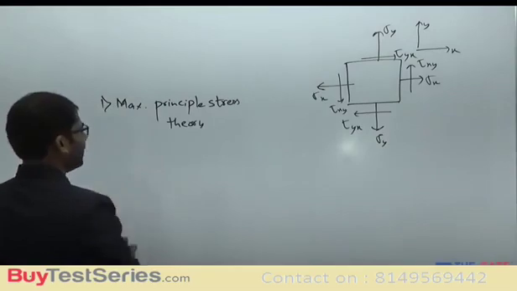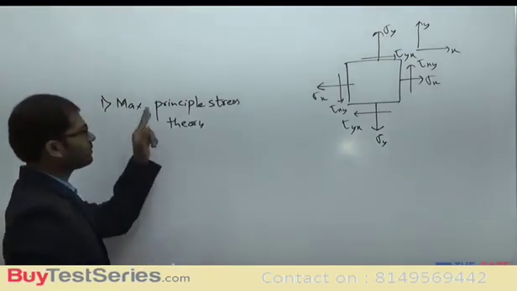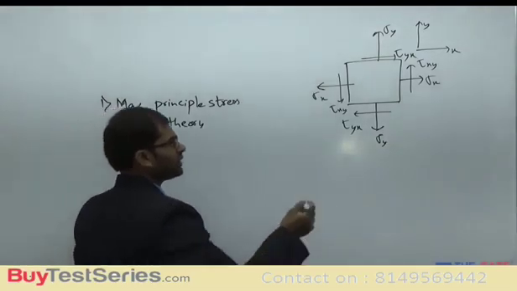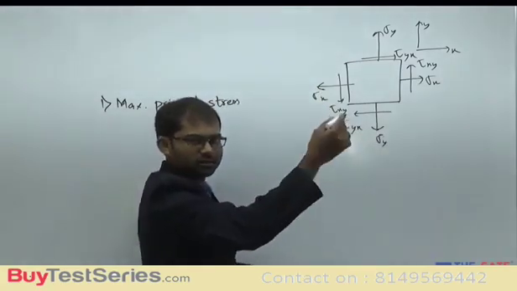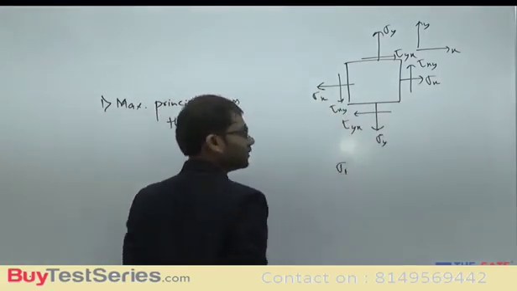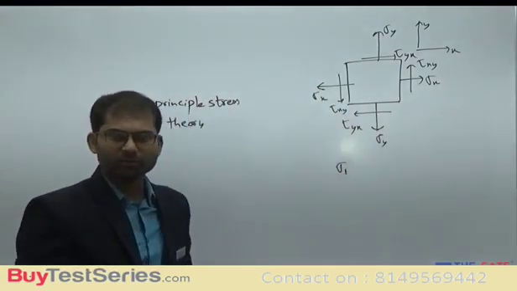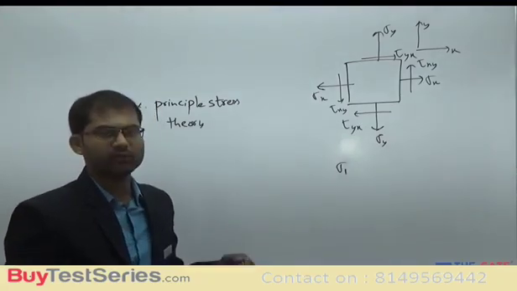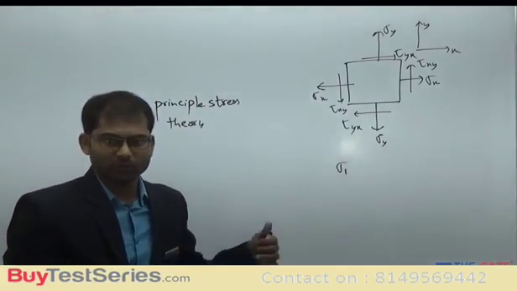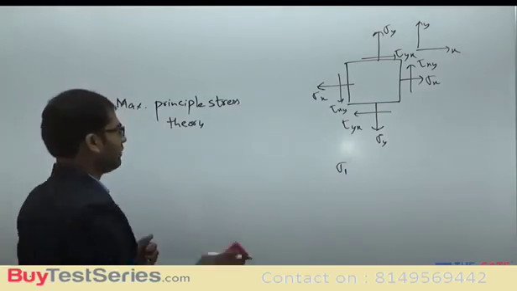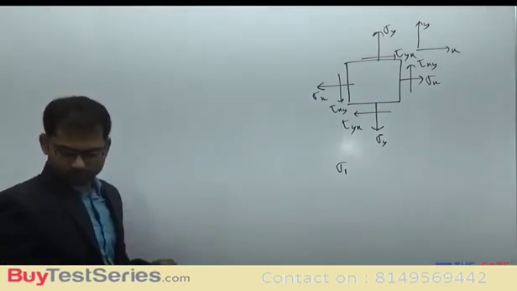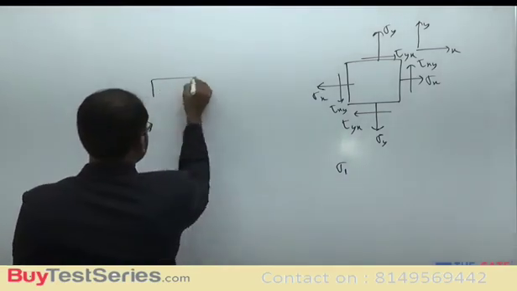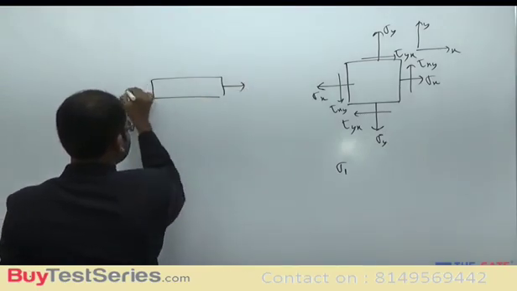In this one, the parameter is maximum principal stress. So for this loading case, based upon my strength of materials concepts, I will find out the principal stress for this loading case here. Whatever our loading case is, we can easily evaluate the value of sigma 1. Once you get sigma 1 here, we have to compare it with the sigma 1 in the uniaxial loading case.